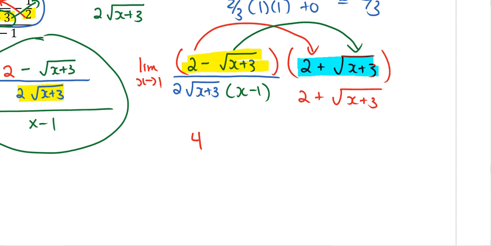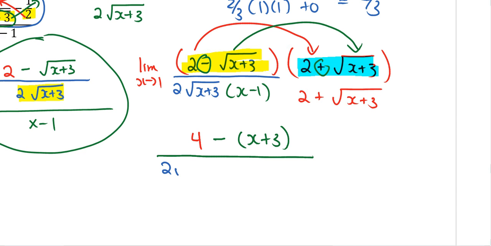So I have a negative here and a positive there, so that's going to be negative, and root x plus 3 times root x plus 3 will simply be x plus 3. Divided by, like I said, don't simplify the denominator because those aren't conjugate expressions, so just leave the denominator alone. And this will be 2 plus the square root of x plus 3.